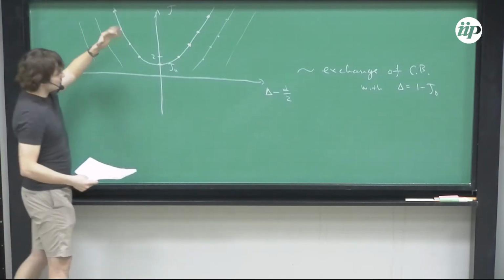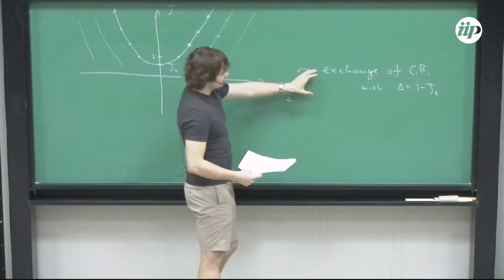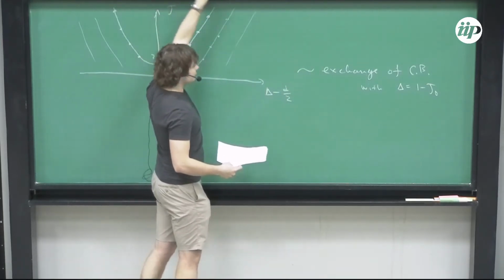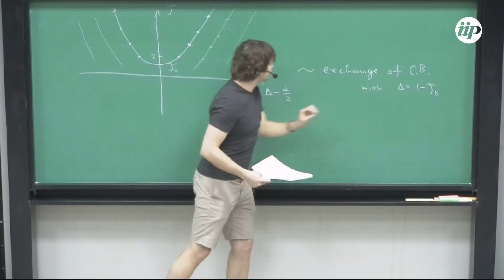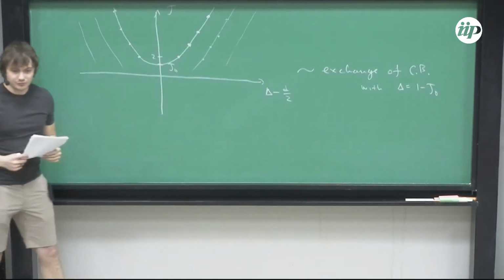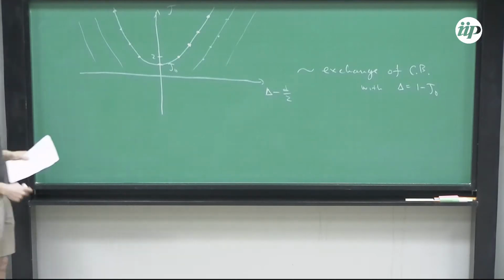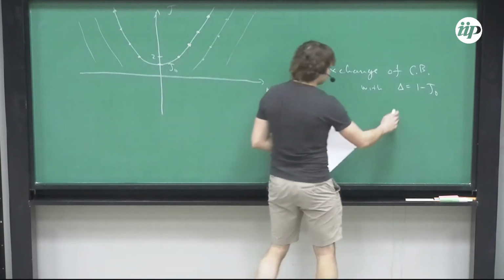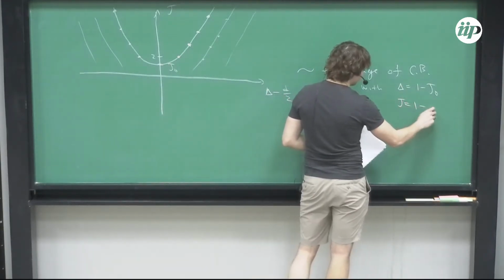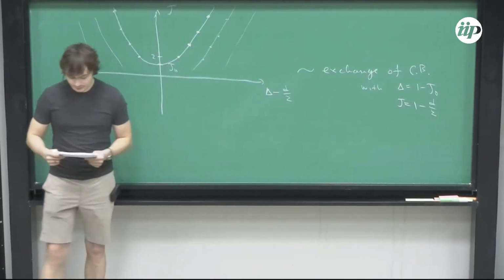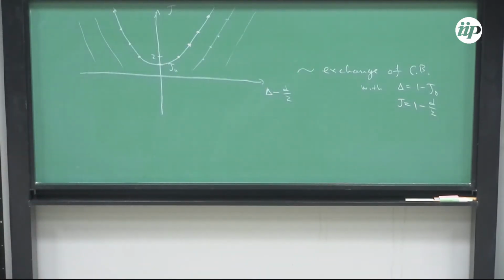But the important point that I want to convey is that you can think that this correlation function is dominated by one conformal block with scalar dimension, which is fixed by this analytic continuation in spin. The spin of the conformal block is 1 minus d over 2.